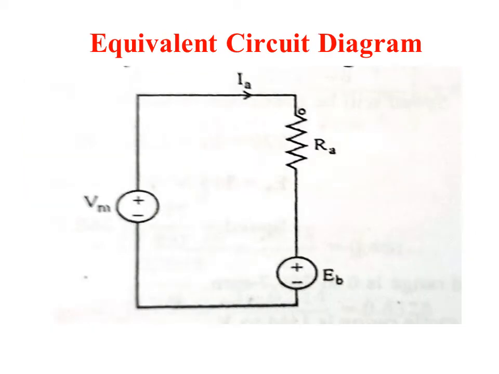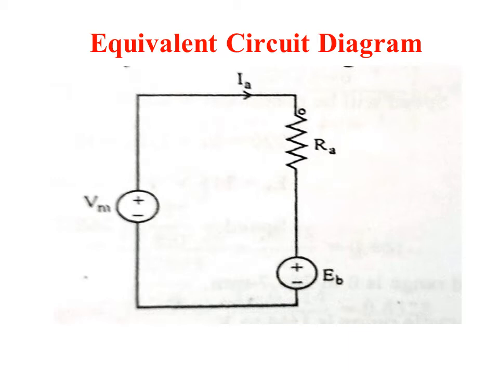Now if you observe the equivalent circuit diagram of our separately excited DC motor chopper, VM is the chopper output voltage which is connected to the motor armature terminals. Already we know that whenever a motor is there we have an armature resistance RA and back EMF EB.